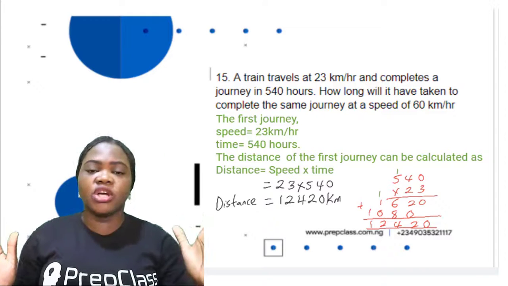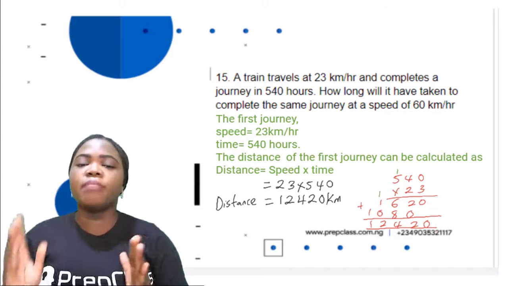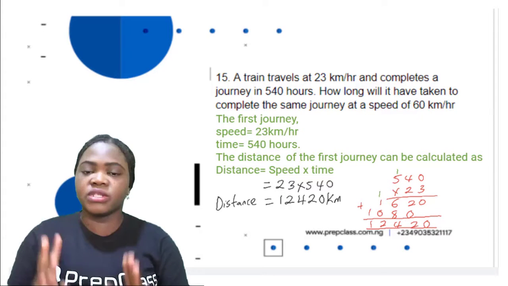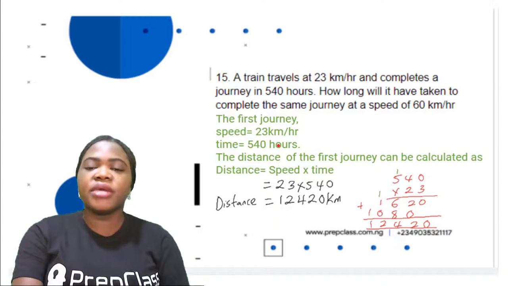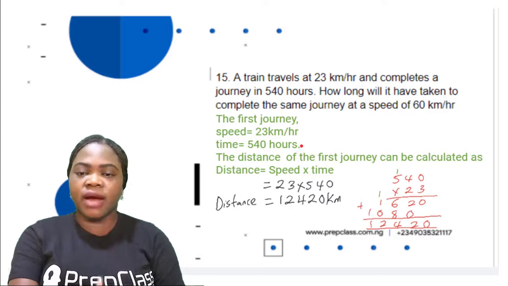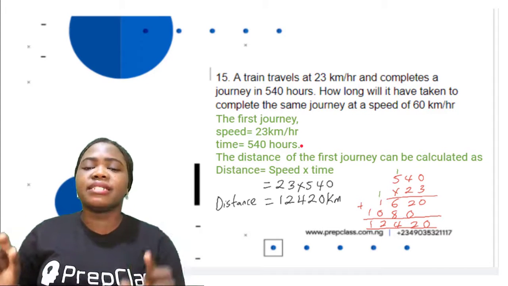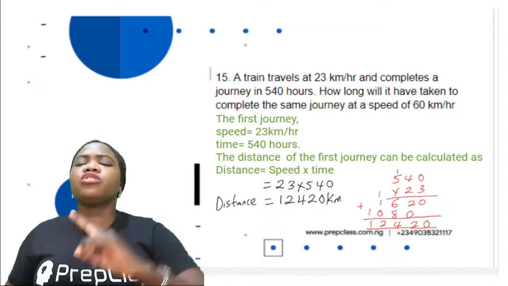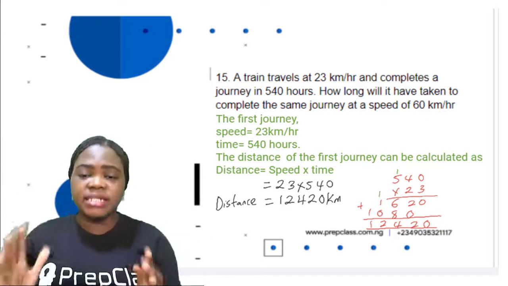In the first journey, the train traveled at 23 km per hour and completes the journey in 540 hours. So the speed is 23 km per hour and the time is 540 hours. But we're not given the distance. For us to be able to calculate the time in the second journey, we need to find the distance because they are traveling the same distance.